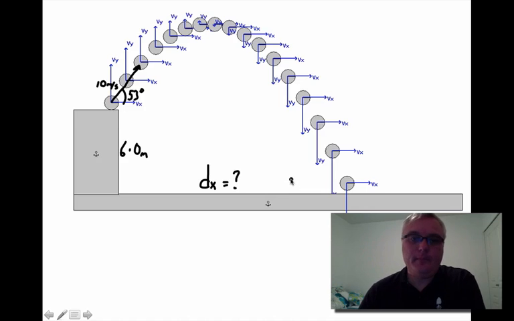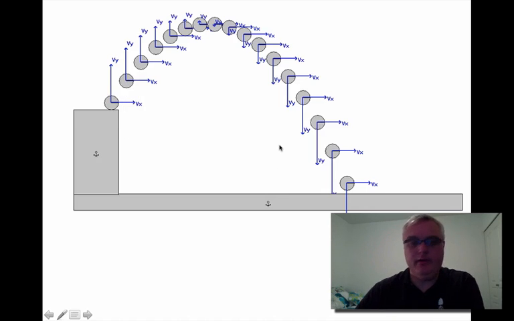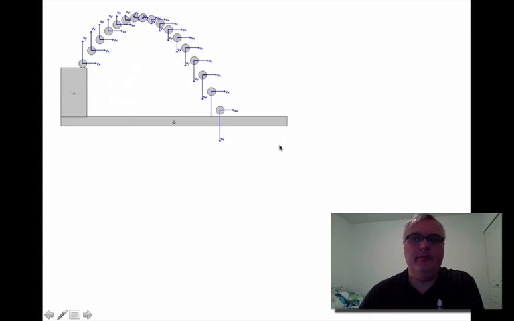So let me clear the screen and make our diagram just a little bit smaller so we have some space. And let's start off again. So at 10 meters per second at 53 degrees, we can calculate both the x and the y component of the velocity. So it's going to be v times cosine theta is the x component.